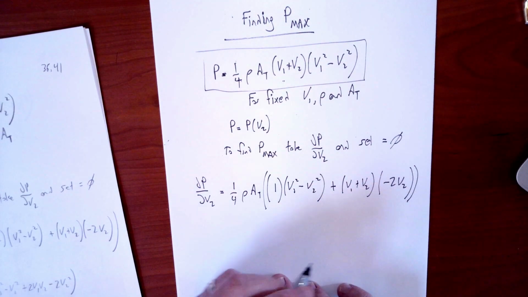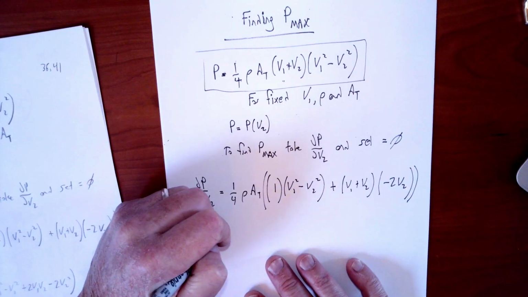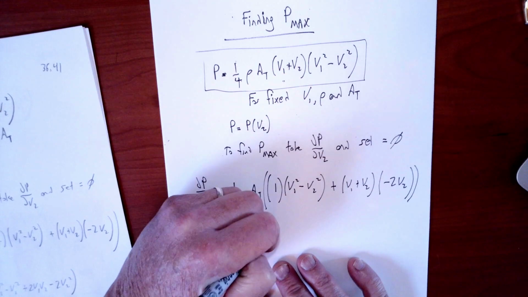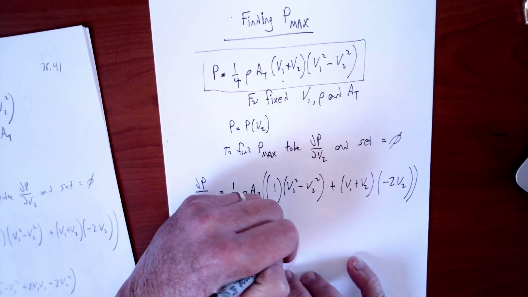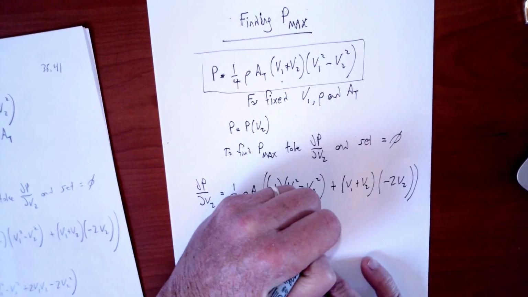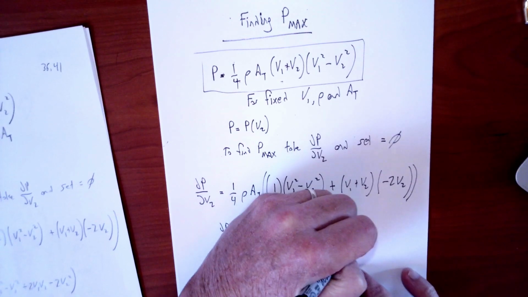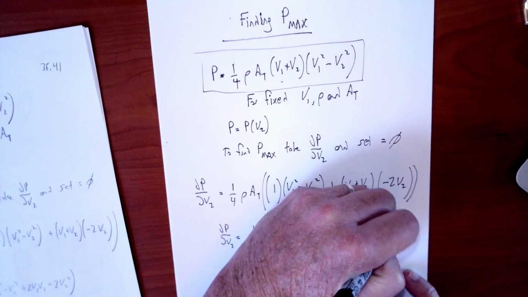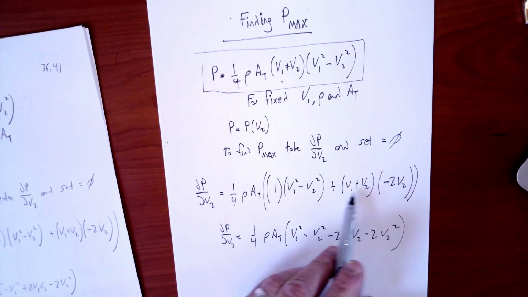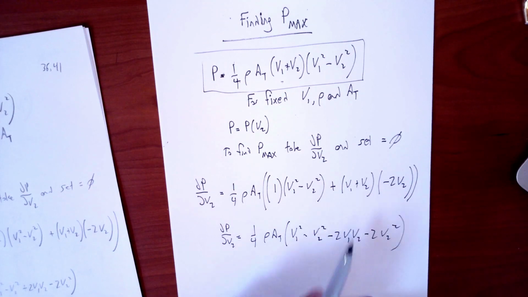I'm going to clean that up a little bit. 1/4 rho A_T. I'm going to write that as V1 squared minus V2 squared, minus 2V1V2 minus 2V2 squared. So that's just multiplying this through.